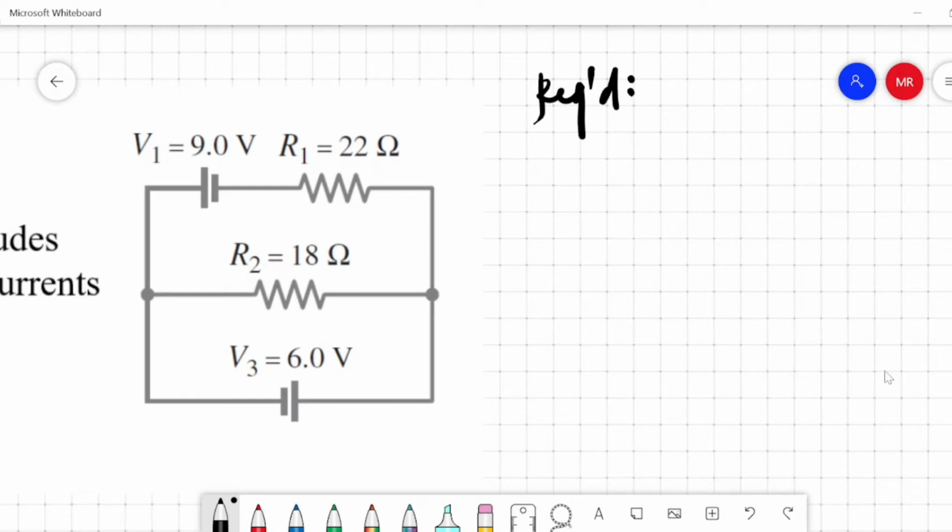So let's call that current I1 and I2. Okay, so let us solve for this problem.